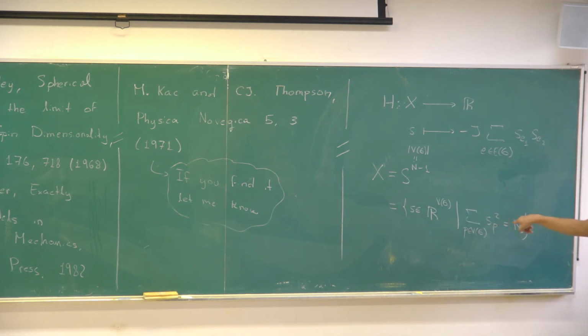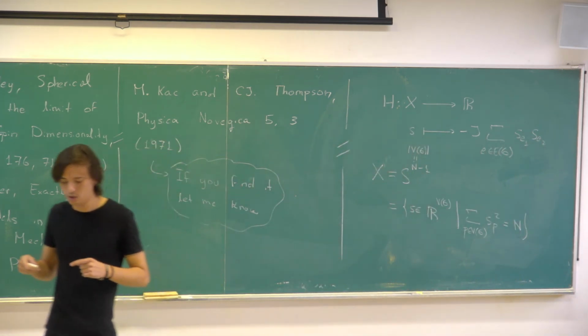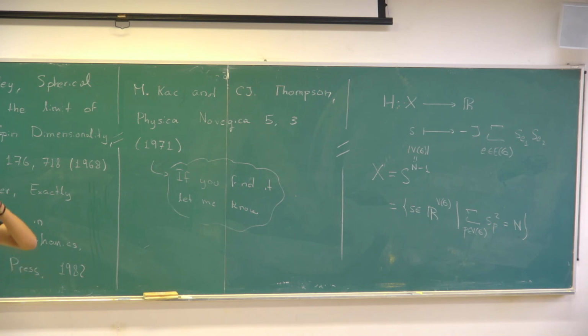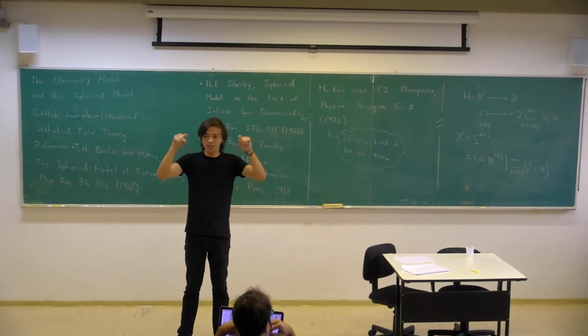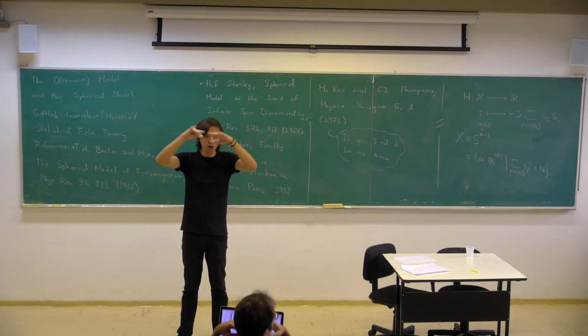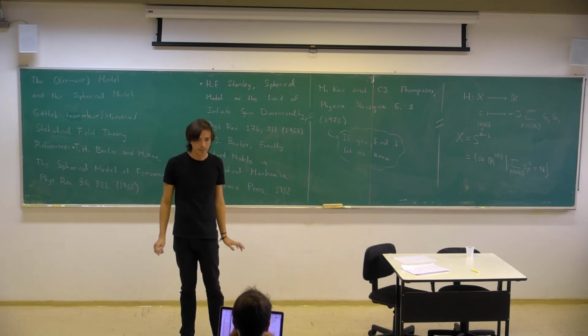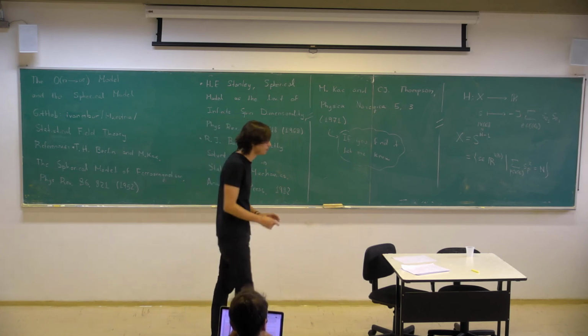The reason for this is, it's better explained in the notes, but essentially one can think of the configurations of the Ising model as the vertices of a hypercube, and that hypercube is circumscribed by precisely that sphere with that radius. So that's the idea. Okay?